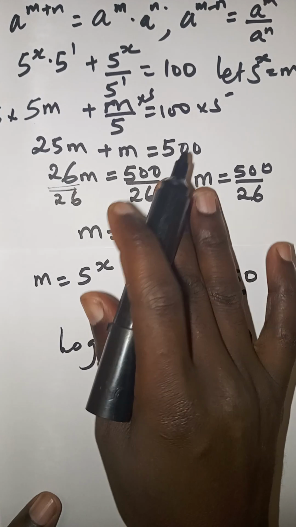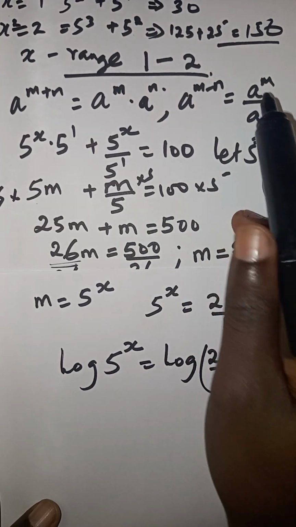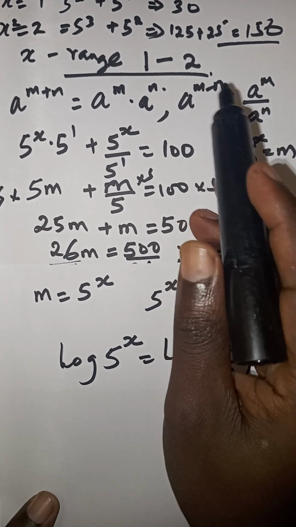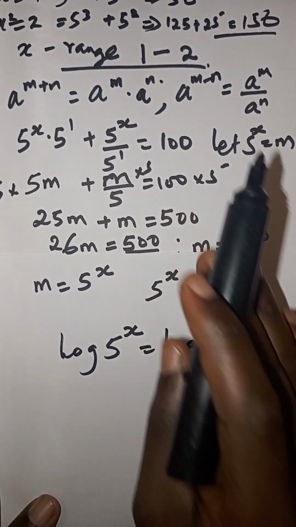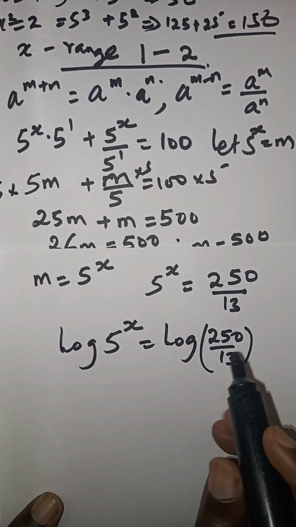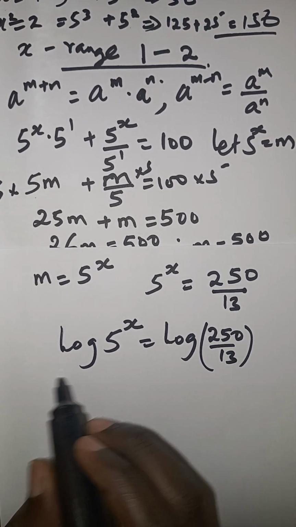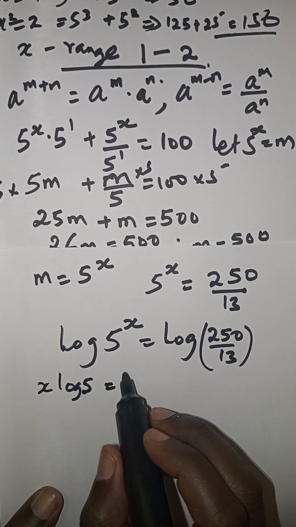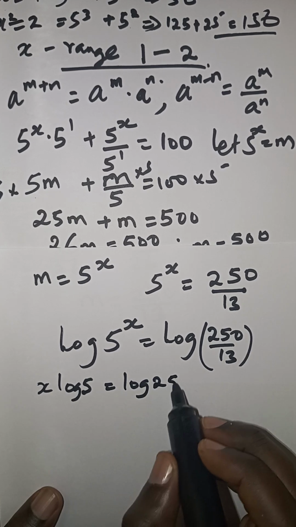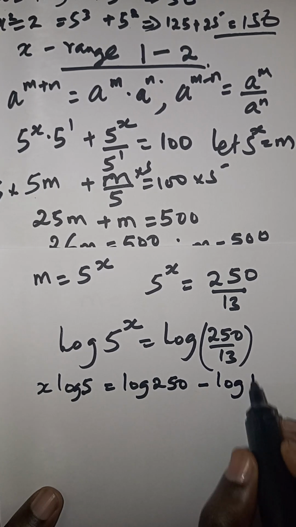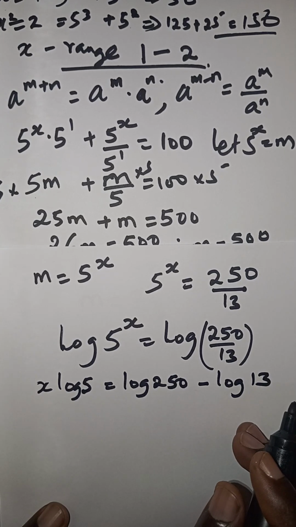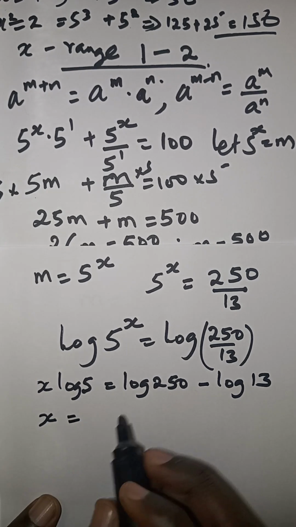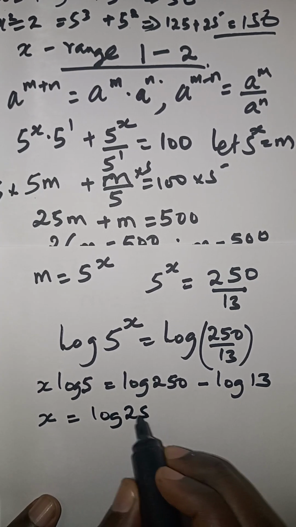And recall from that particular point at this stage, when the numbers are divided, then the powers can be separated by subtraction so that I have x to the log of 5 is equals to the log of 250 minus the log of 13, so that the value of x now becomes the log of 250.